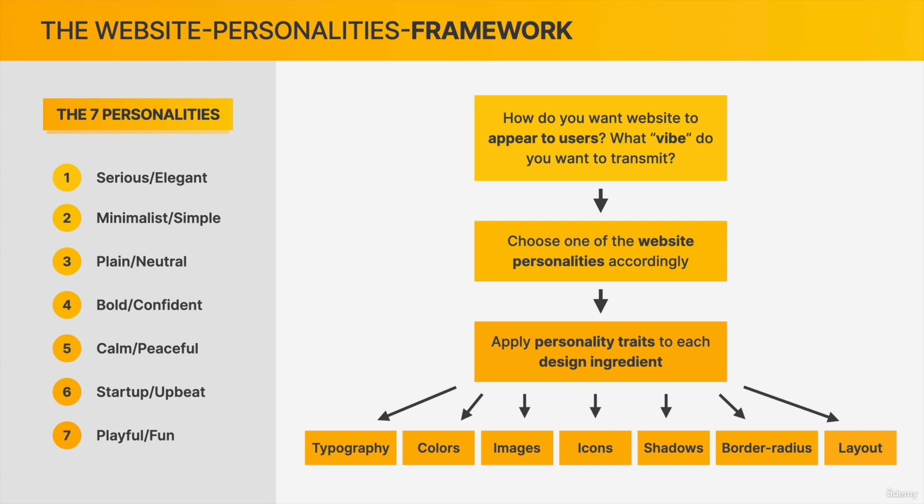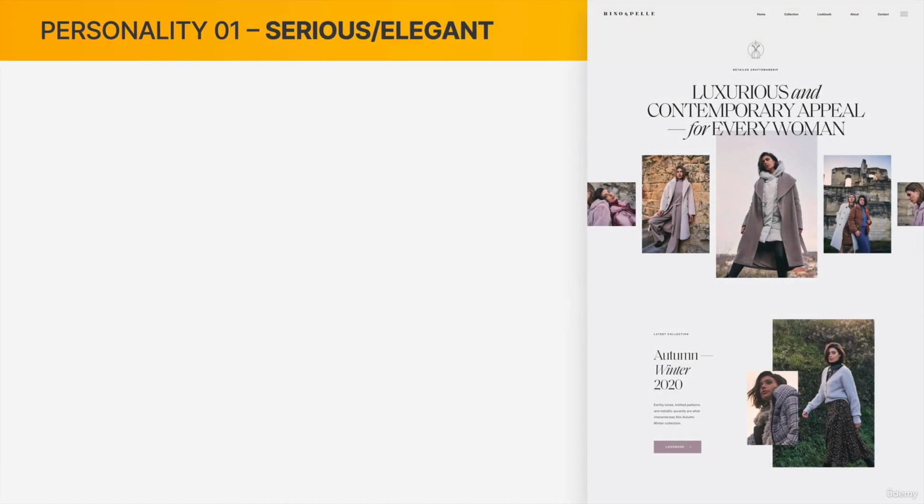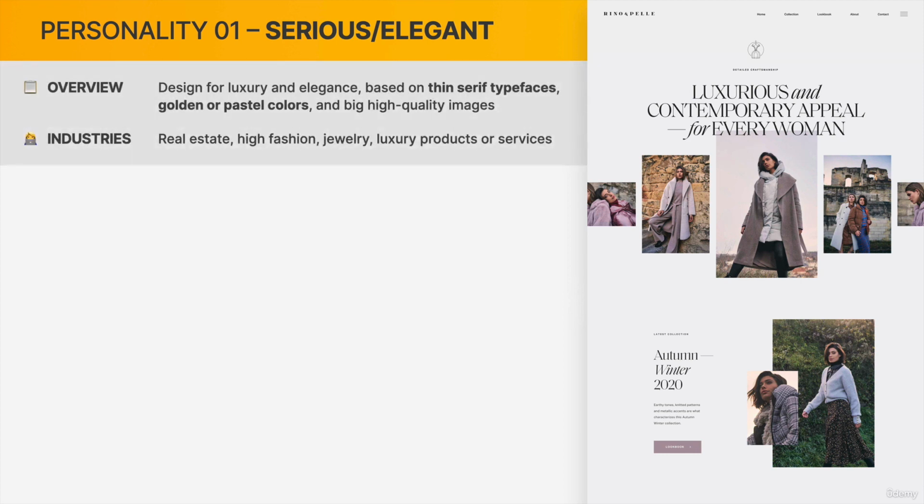And what exactly are these personality traits? Well, let's find out. So we're going to start with the serious and elegant personality. And here in the beginning is again that overview text that I already showed you in the first lecture of this section, and so I'm not going to read those again for each of these personalities.